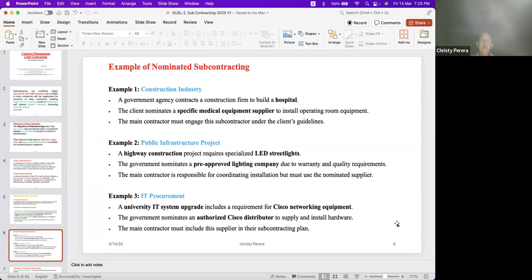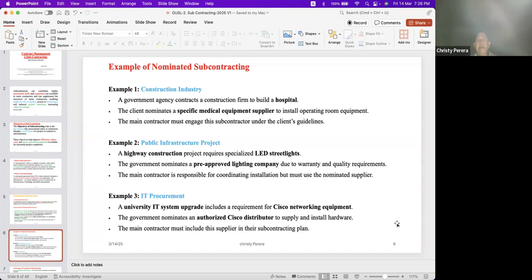I will nominate some expert having expert knowledge on operating theaters as a nominated subcontractor. The main contractor must engage the subcontractor under the client's guidelines. So, the main contractor will have to have a chat with the nominated subcontractor, and he will engage him as a subcontractor under the client's guidelines.